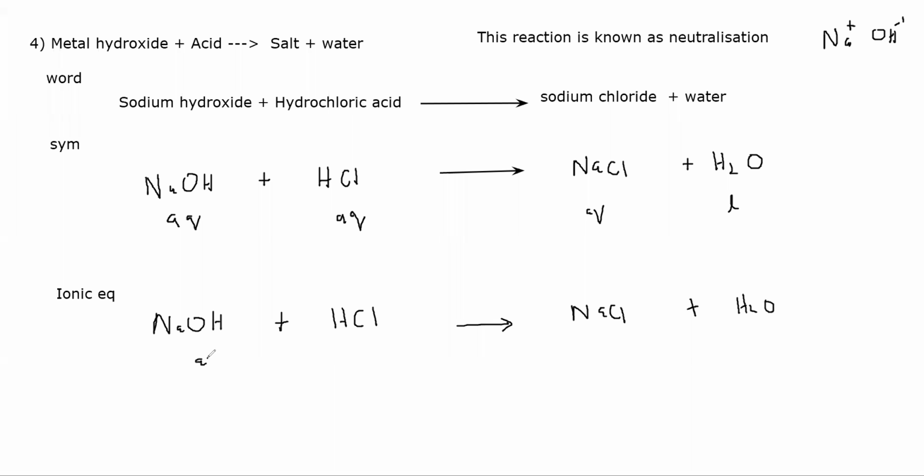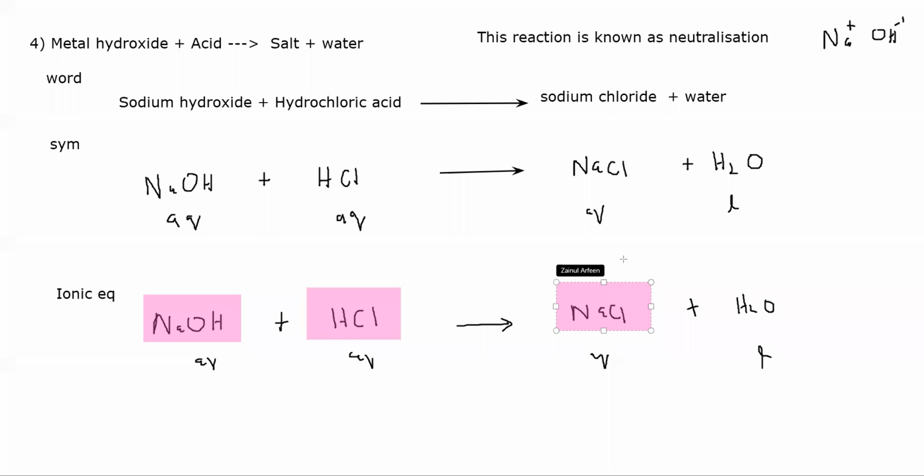So this will be aqueous, this will be aqueous, this is aqueous, and water is liquid. So we highlight the aqueous substances. What are the aqueous substances here? Sodium hydroxide is aqueous, hydrochloric acid is aqueous, and sodium chloride is also aqueous. So we have 3 aqueous substances here.